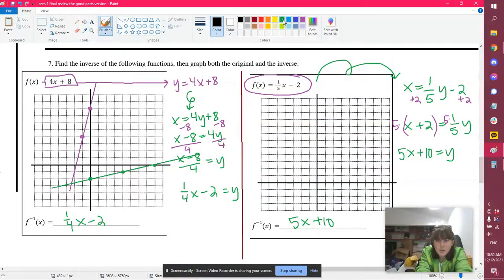Plus 10: 1, 2, 3, 4, 5, 1, 2, 3, 4, 10. Starts at 10. Again, going over 1 and up 5 is actually kind of hard on this graph. So I'm going to go to the left 1 and down 5, and that still counts the slope the same. I'll then draw this line in.